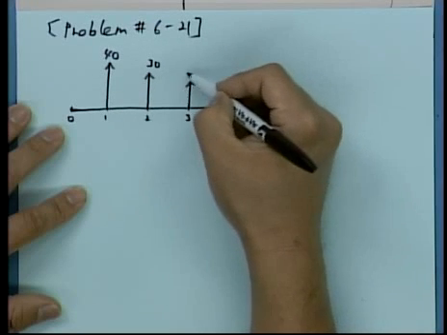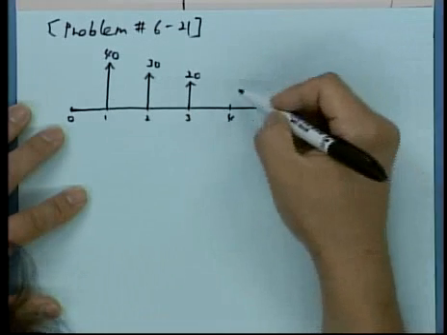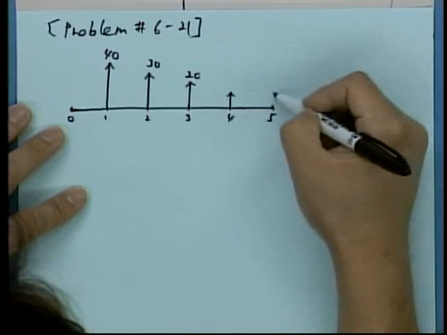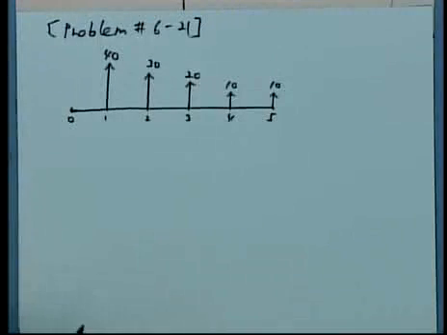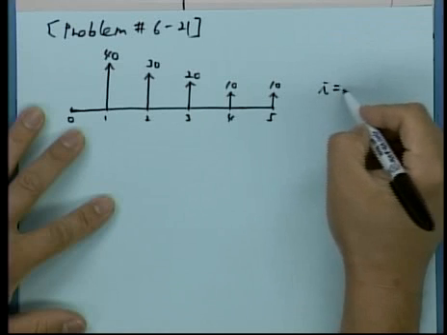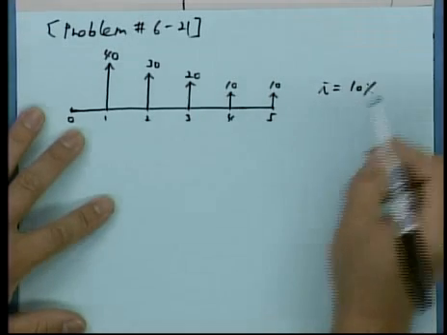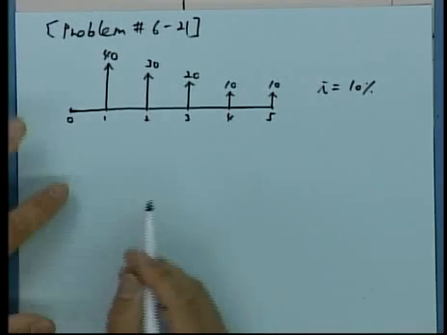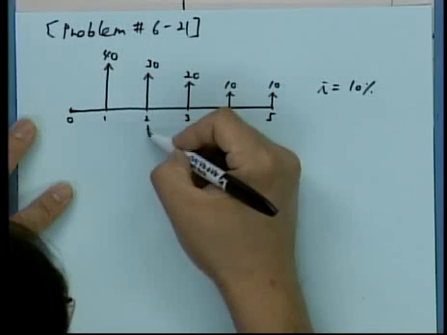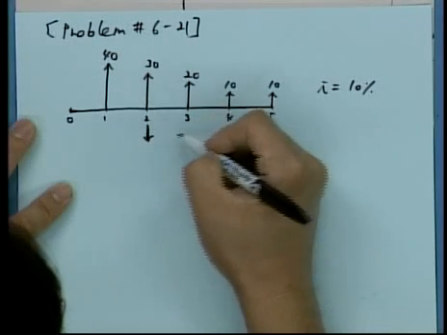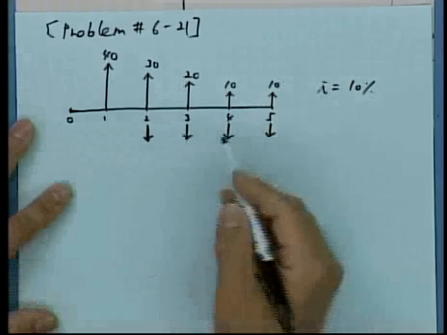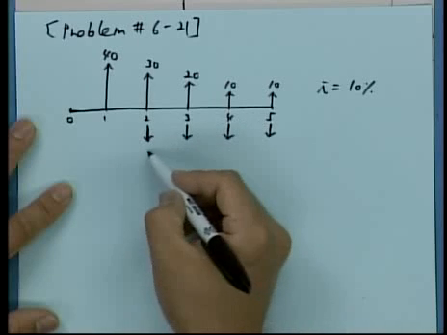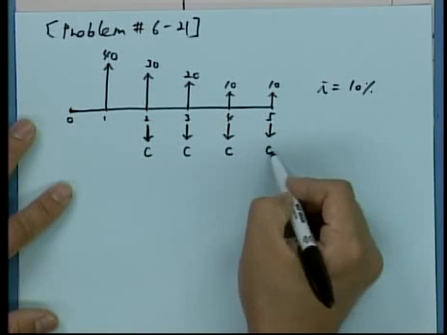At the end of period 3, 20. At the end of period 4 and 5, 10. Okay? And we are using 10% interest rate. And here we have negative cash flow of C's at the end of period 2, 3, 4, and 5, right? Those are C, value of C.